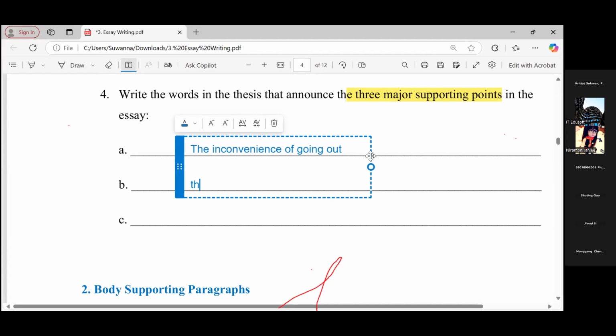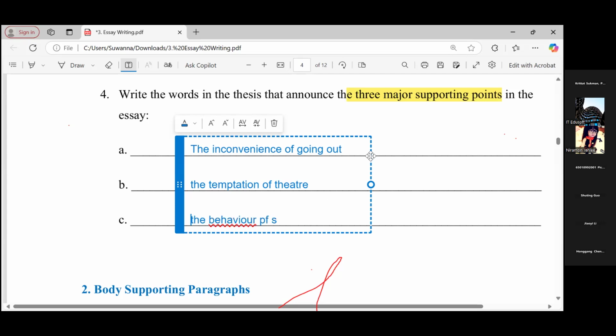The temptation of the theater itself. The last point is the behavior, oh my gosh, of some patrons.